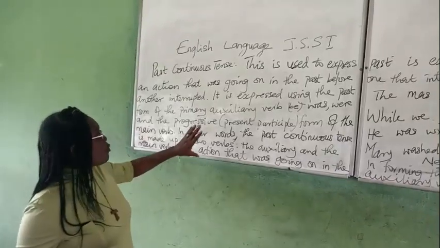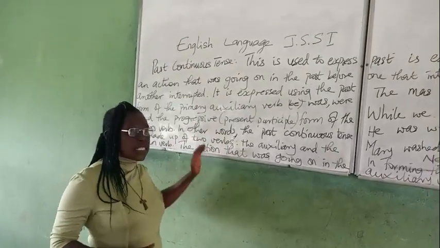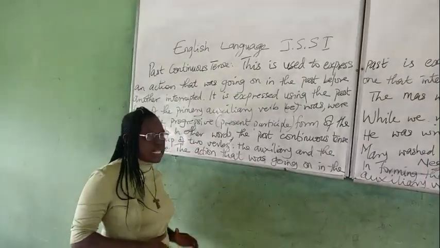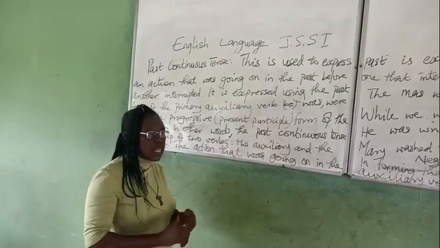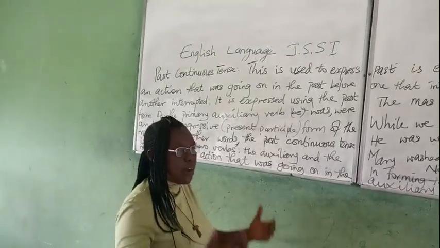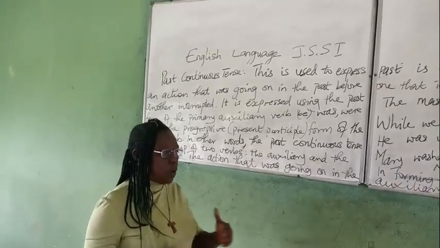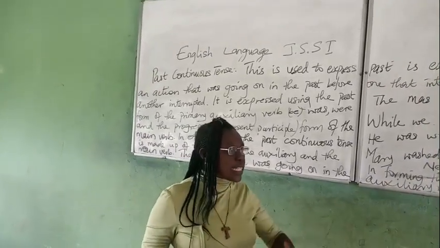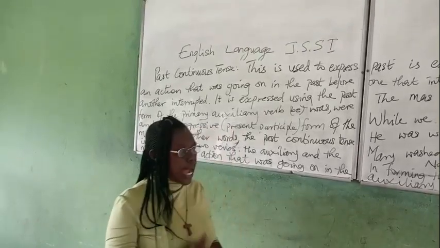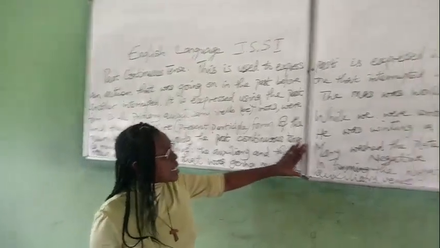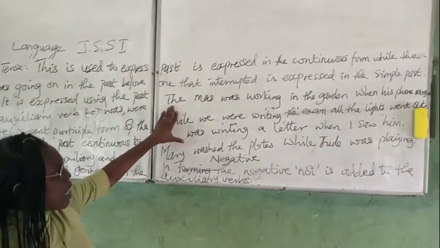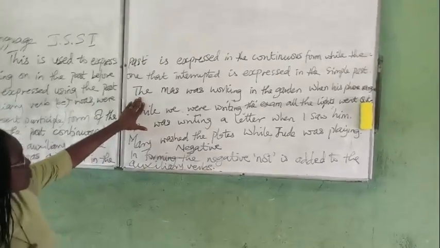Now, the past continuous tense talks about an action that was going on in the past before another action interrupted. Meaning that something was happening, before that thing completed, another one happened. So let us look at the sentences we have on the board to express what we mean.